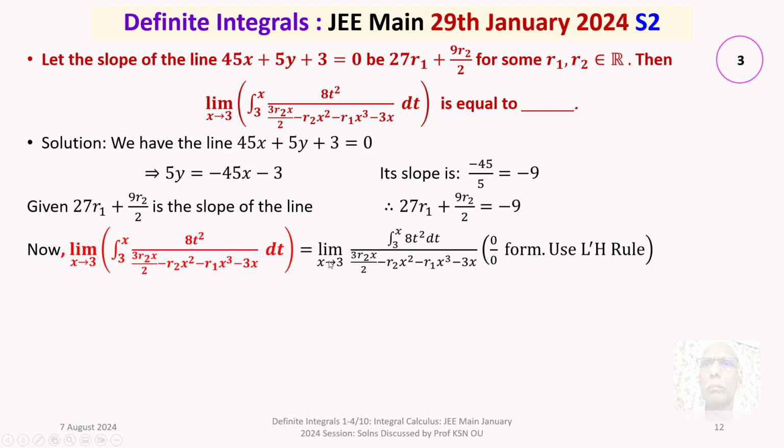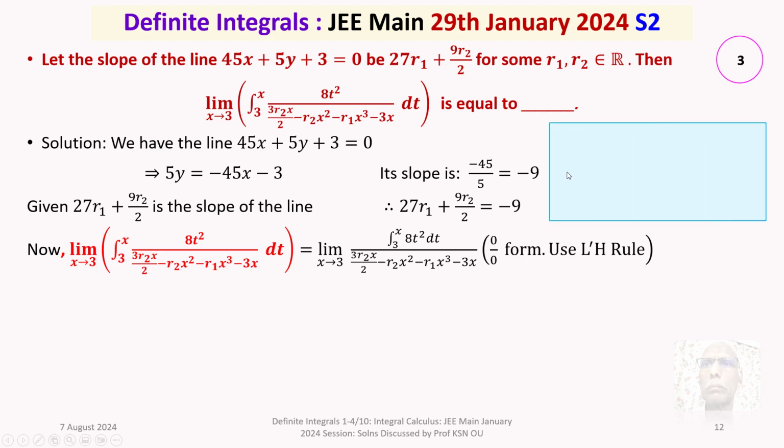Now, as x tends to 3, the integral from 3 to x of 8t square dt will become the integral from 3 to 3. The integral from 3 to 3 is 0. Wherever there is x, just substitute 3 because it's a polynomial, it's continuous. Therefore, you can substitute x is equal to 3 here.